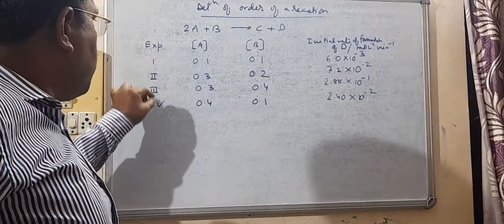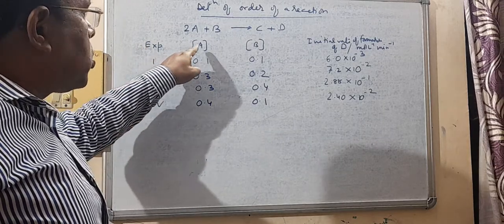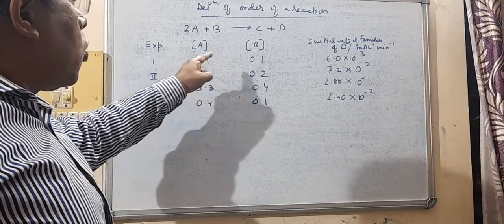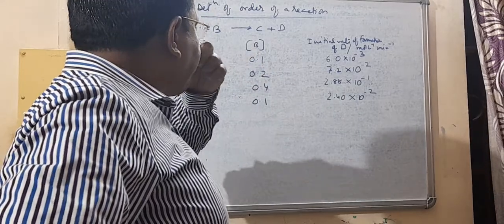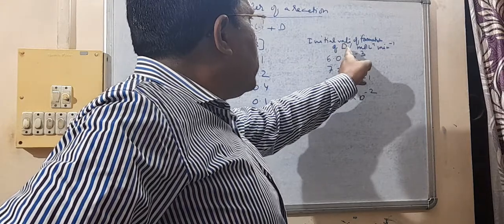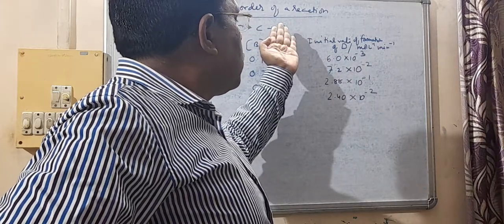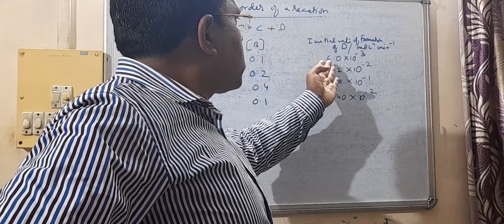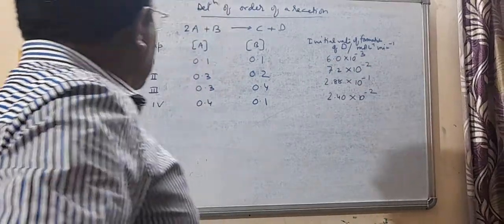We have 4 experiments. Suppose in experiment number 1, concentration of A is 0.1 moles per liter, concentration of B is 0.1 moles per liter, and initial rate of formation of D, which is the rate of reaction, is 6.0 into 10 to the power minus 3 moles per liter per minute.